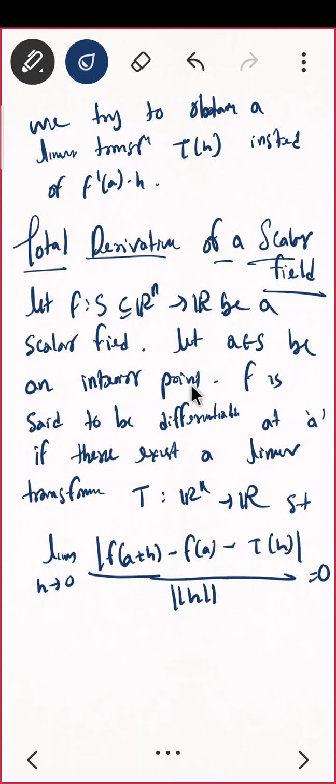You see, if in place of n I put 1, then T of h will just be f dash of e into h.